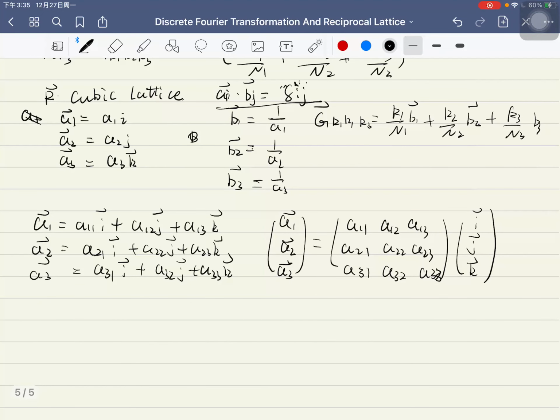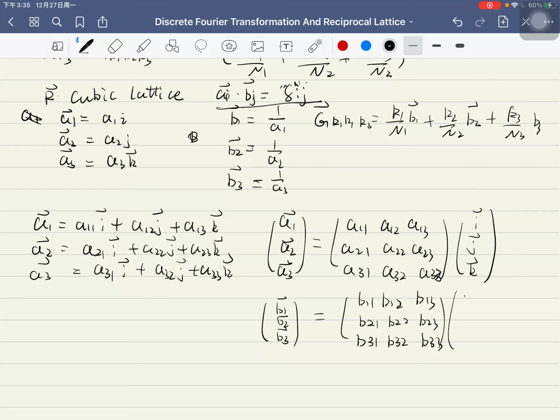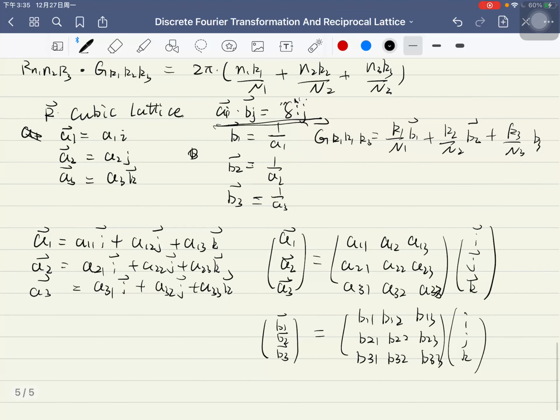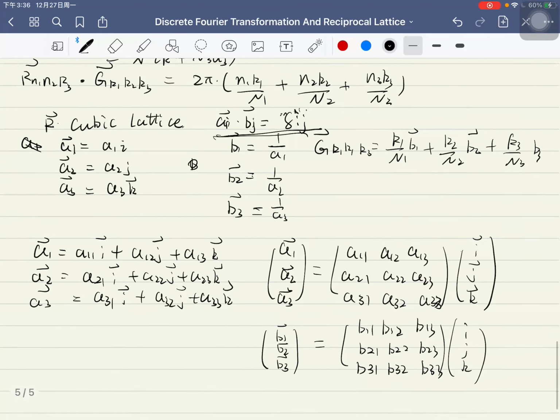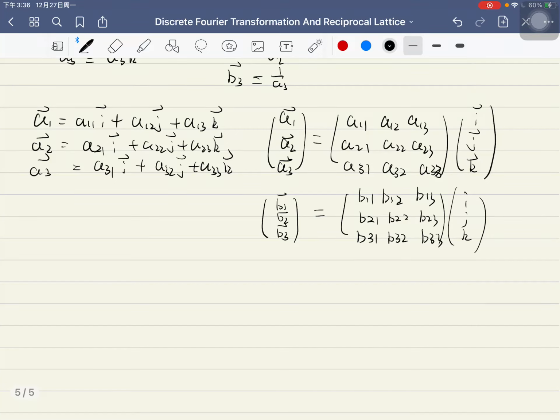So we write B1, B2, B3 as the matrix B11, B12, B13, B21, B22, B23, B31, B32, B33 times i, j, k. So in these relations, it comes to delta ij, which means A needs a transposition.